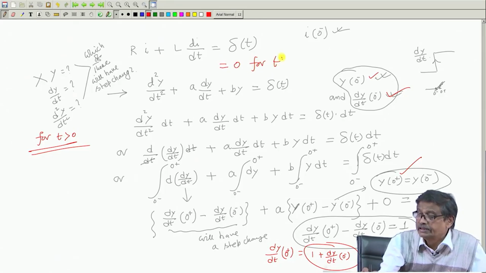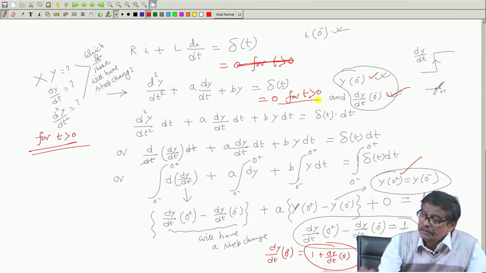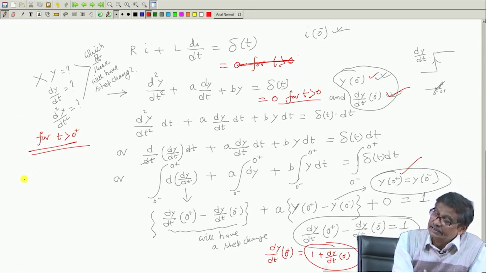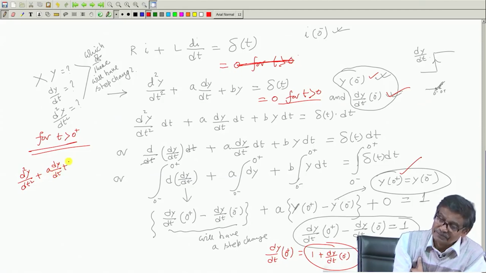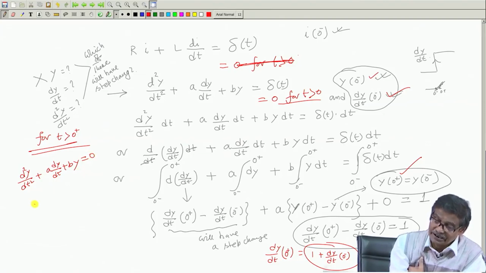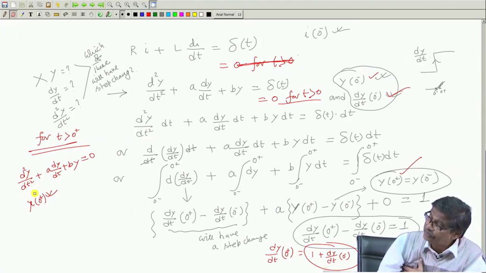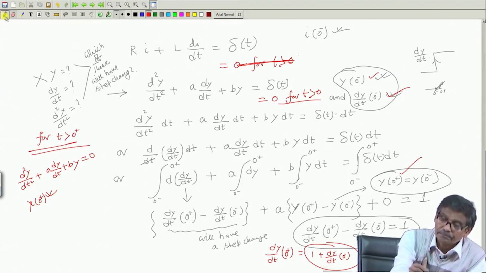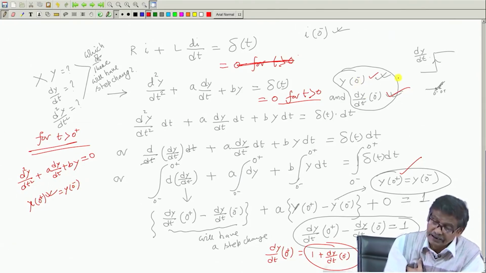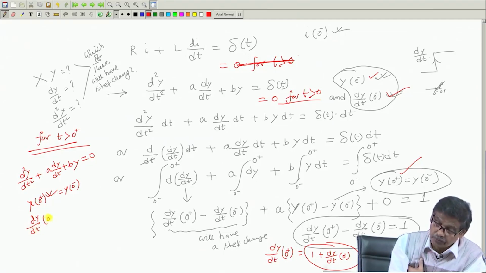So for t greater than 0 plus, the equation will be d2y dt2 plus a dy dt plus b y is equal to 0, and the boundary conditions are: y 0 plus is known, equal to y 0 minus, because this is given to me, and I will calculate dy dt at 0 plus as 1 plus dy dt 0 minus.